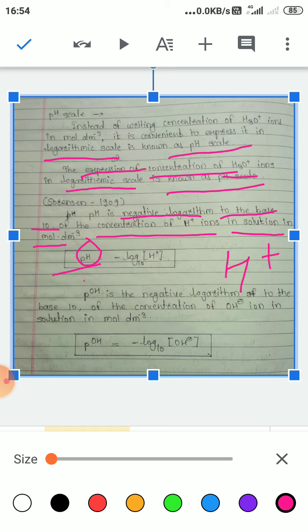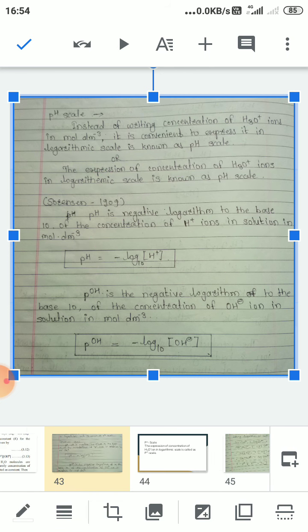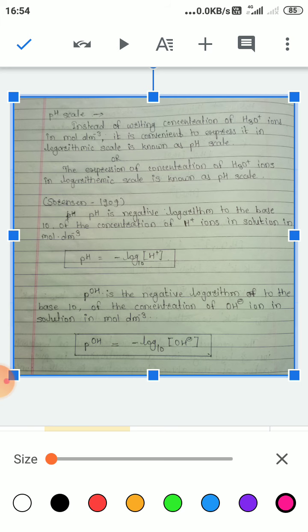So the formula for pH is the negative log to the base 10 of the concentration of H+ ion.